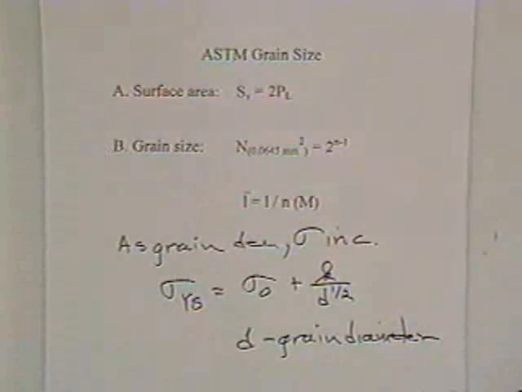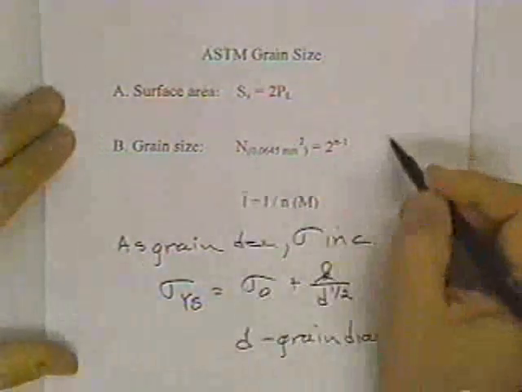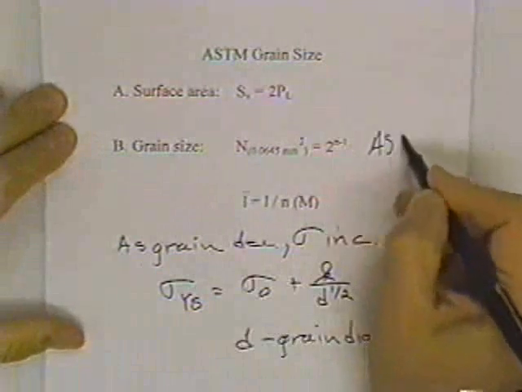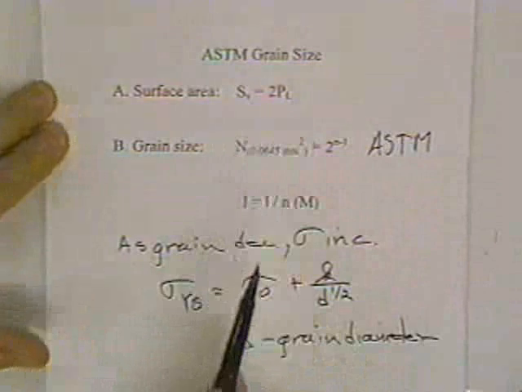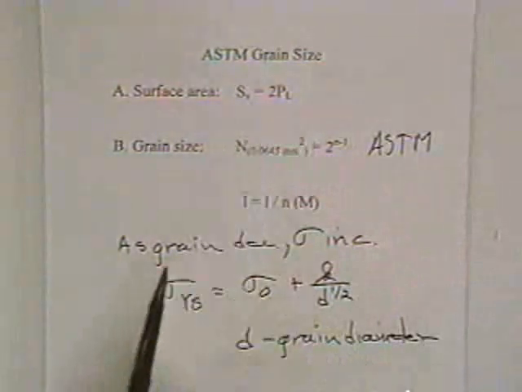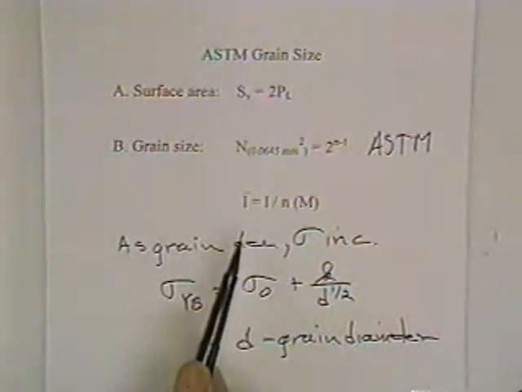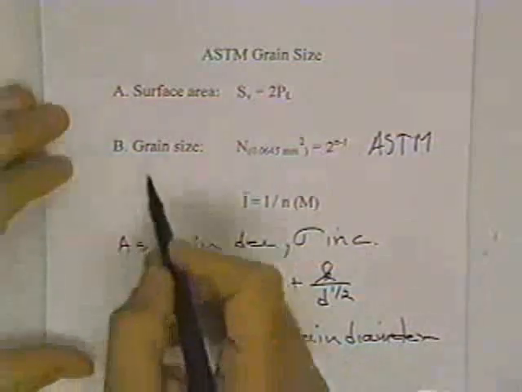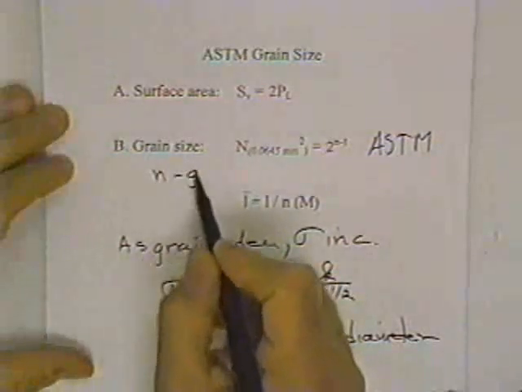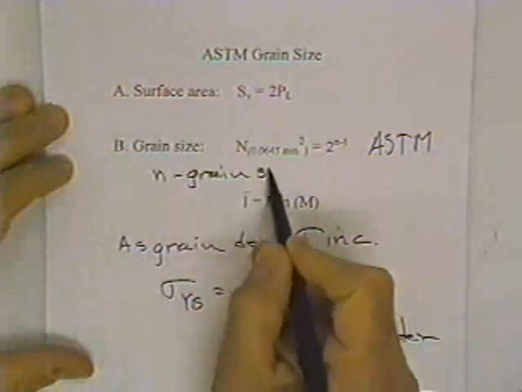And one of the ways of determining the grain size is from an ASTM expression, which says the number of grains in some unit measure, in this case 0.06 millimeters squared, is equal to 2 to the n minus 1, where n is the grain size.